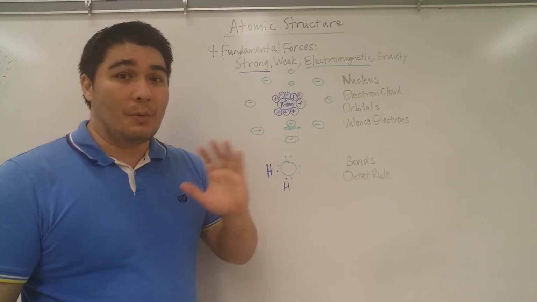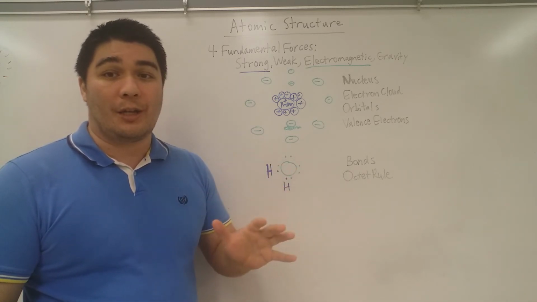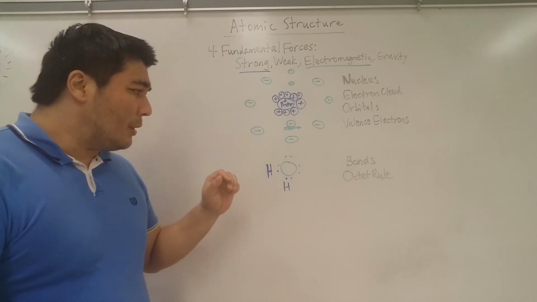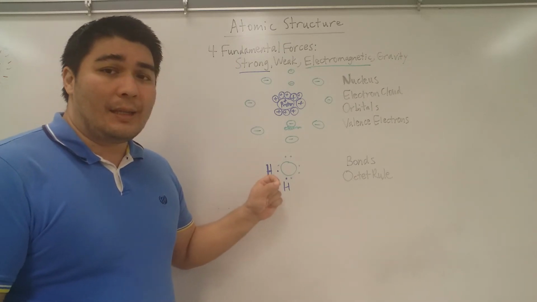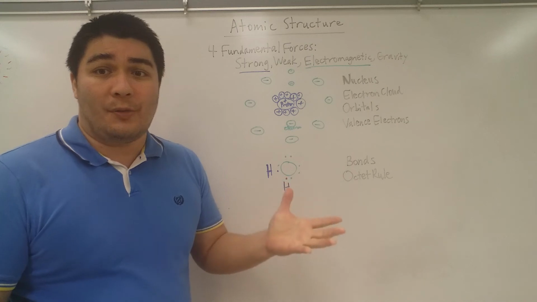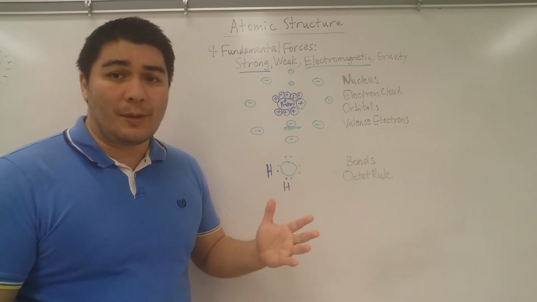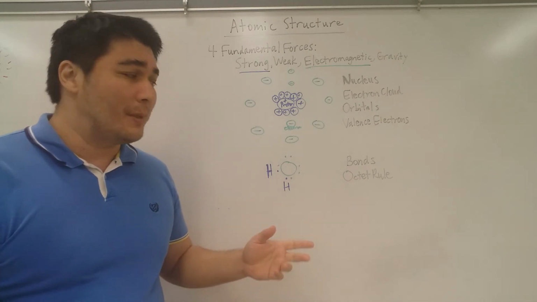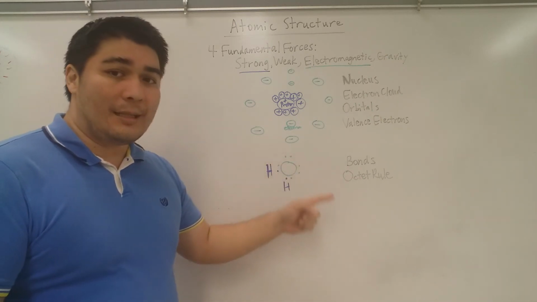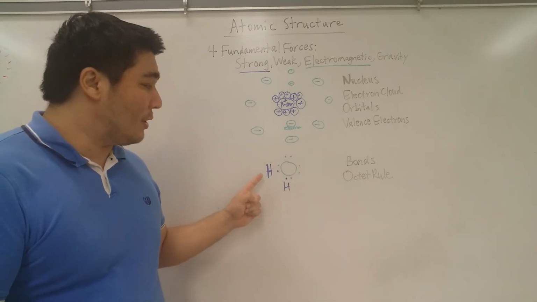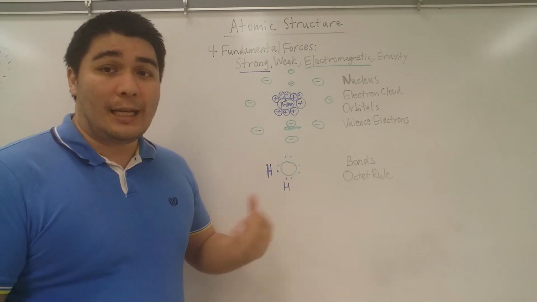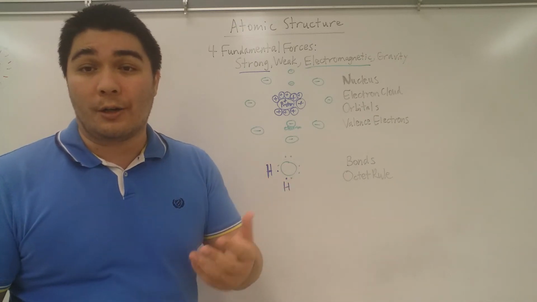That's the most that it wants in its outer shell. That's the motivation for pretty much every atom and all of the chemical reactions and bonds that are formed, especially in this one, which is 2 hydrogens and an oxygen, H2O, which is also water.